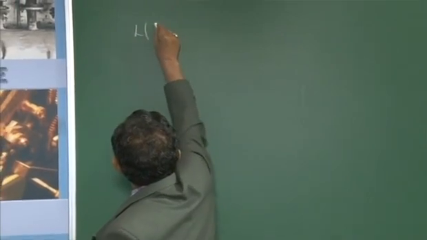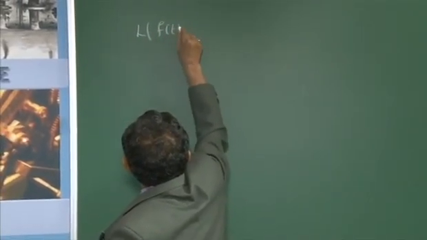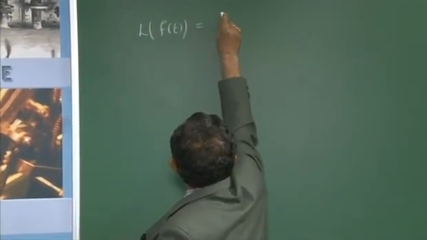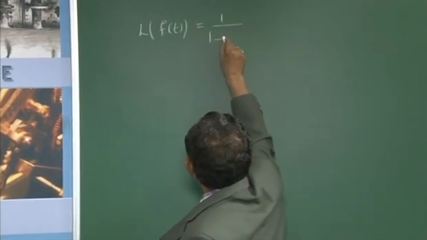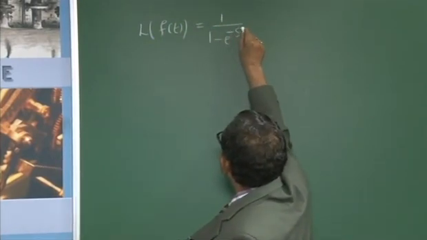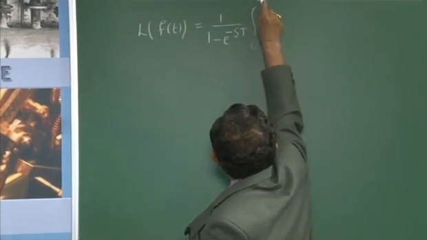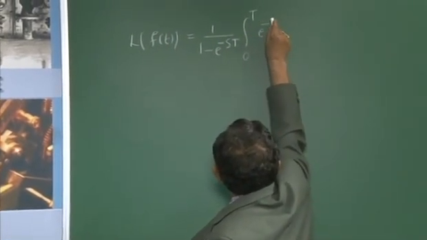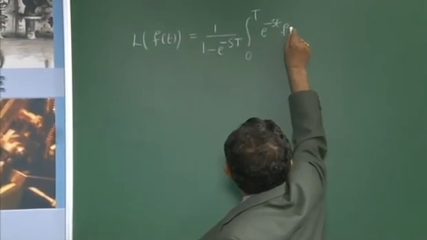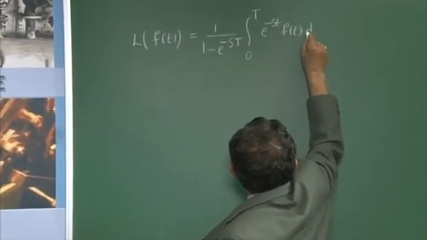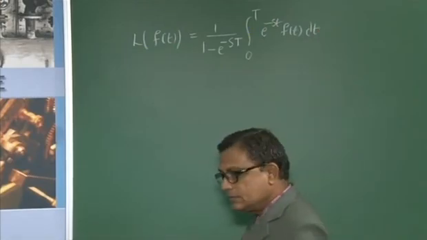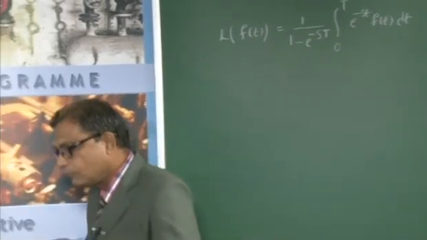Formula is L of f of t is equal to 1 divided by 1 minus e raised to minus st integration 0 to T e raised to minus st f of t dt. This is the formula for the Laplace transform for the periodic function.